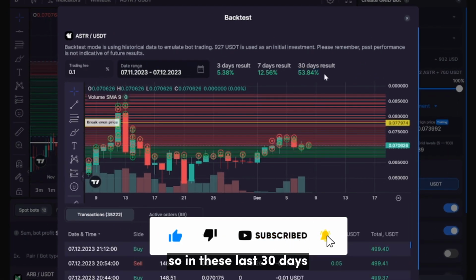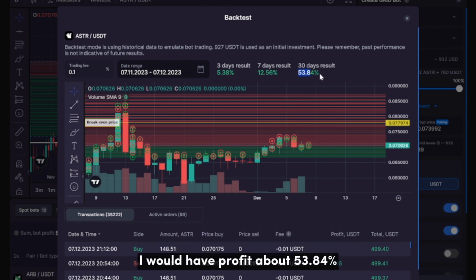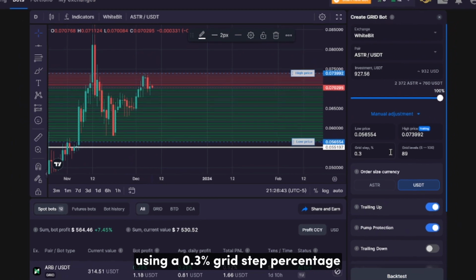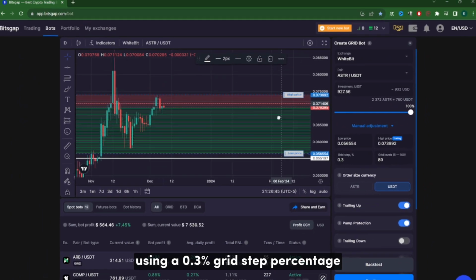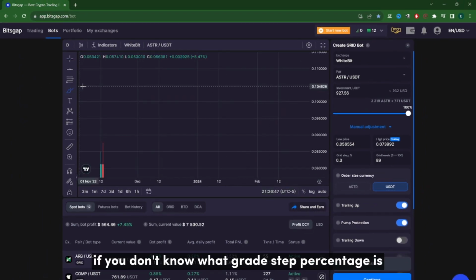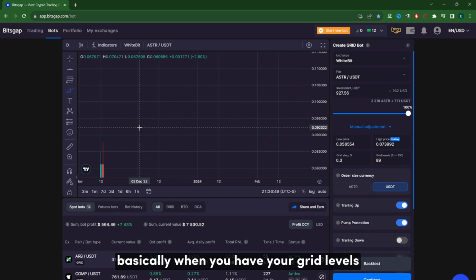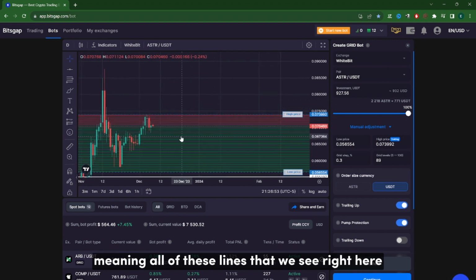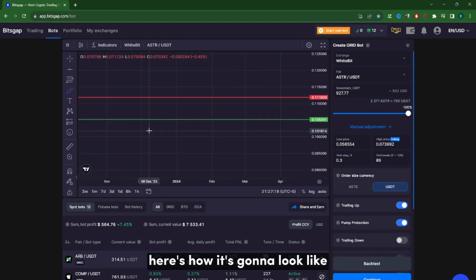So in these last 30 days, I could have profited about 53.84% using a 0.3% grid step percentage. If you don't know what grid step percentage is, basically when you have your grid levels, meaning all of these lines that we see right here, here's how it's going to look.